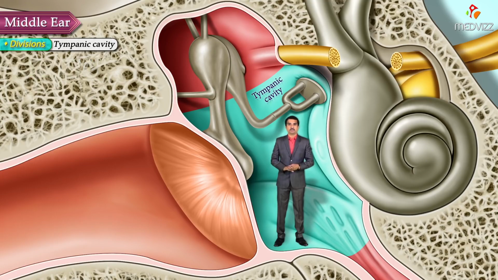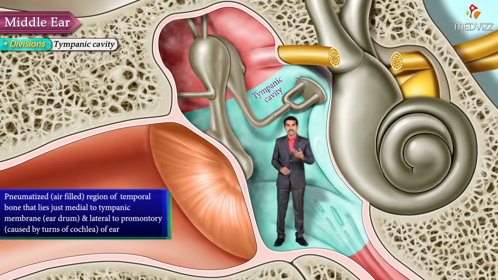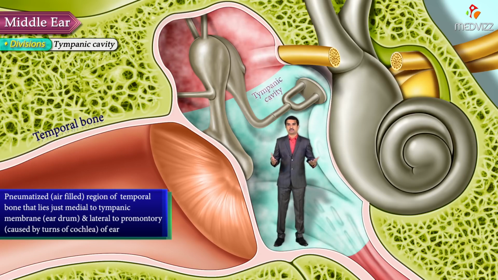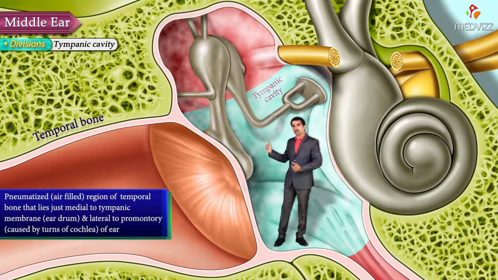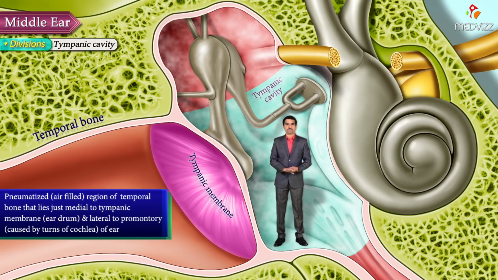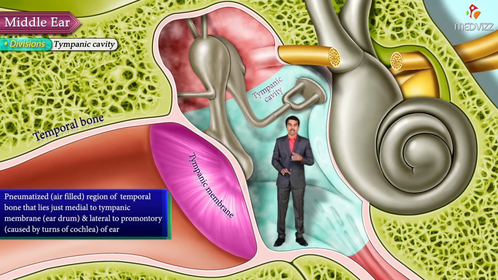The tympanum is a pneumatized region. What is the meaning of pneumatized region here? It is the air-filled region of the temporal bone that lies just medial to the tympanic membrane. What is the tympanic membrane? We also call the tympanic membrane the eardrum. So remember that the tympanic membrane is also called the eardrum.